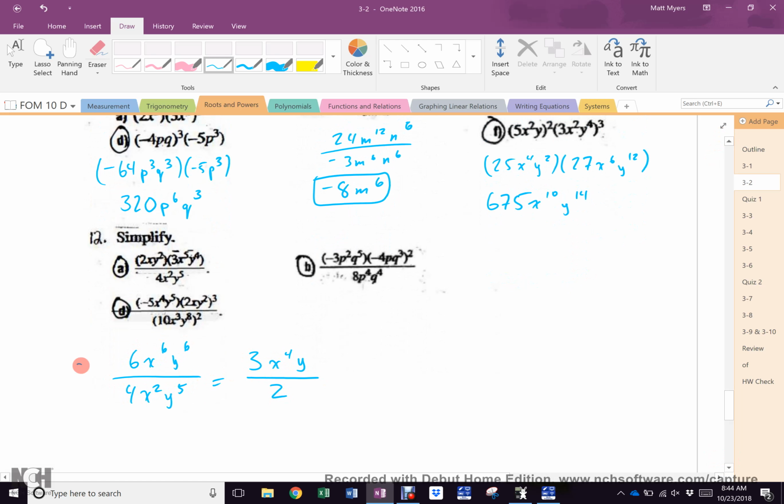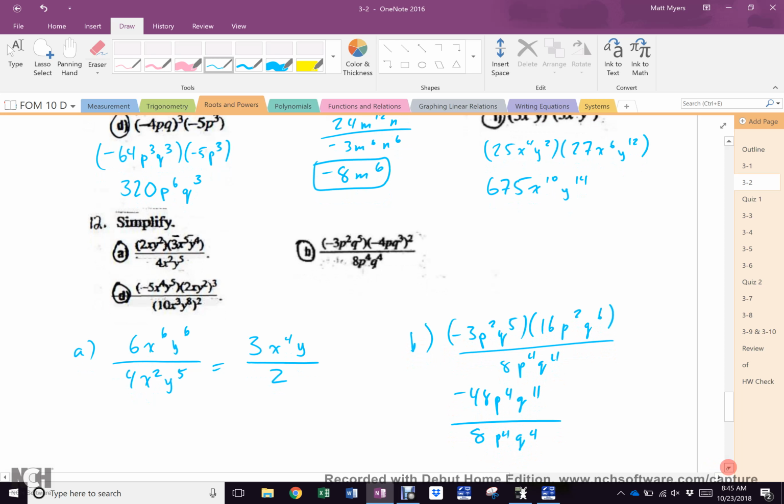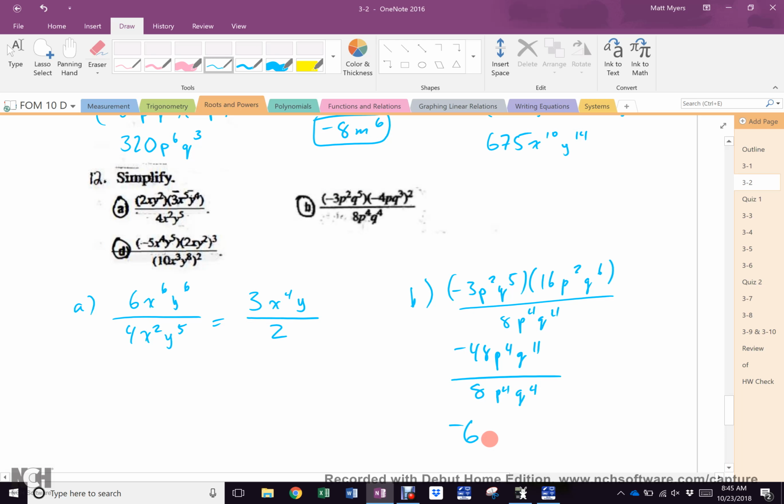That's A. B is negative 3p squared q5 times 16p squared q6 over 8p4q4, which is negative 48p4q11 over 8p4q4, which is negative 6q7.